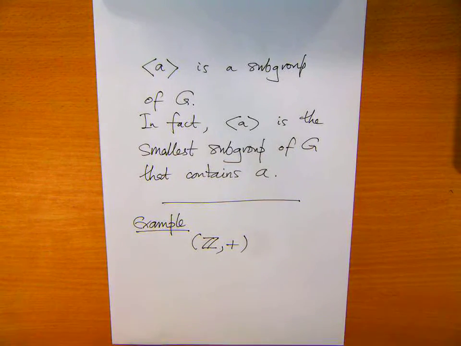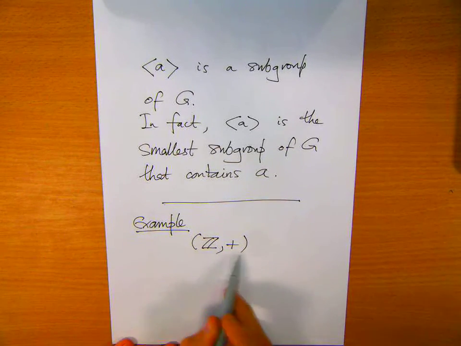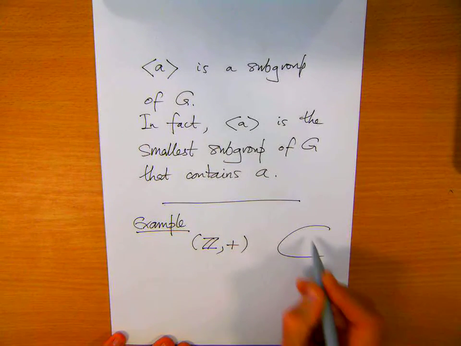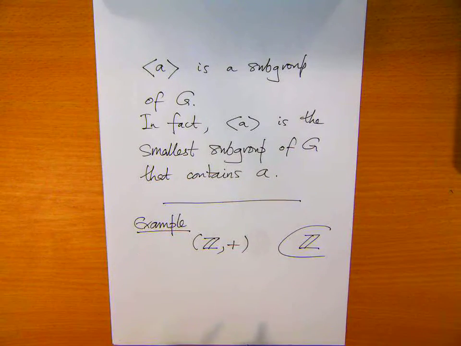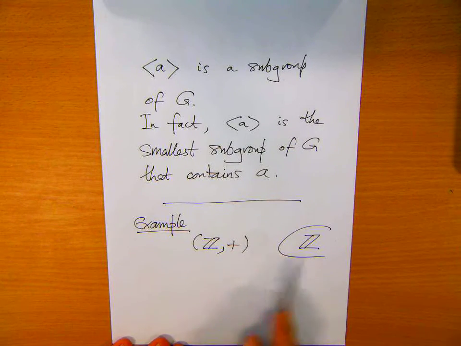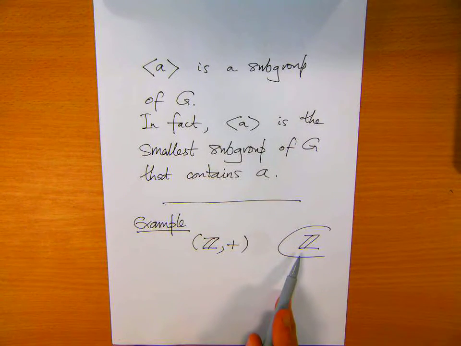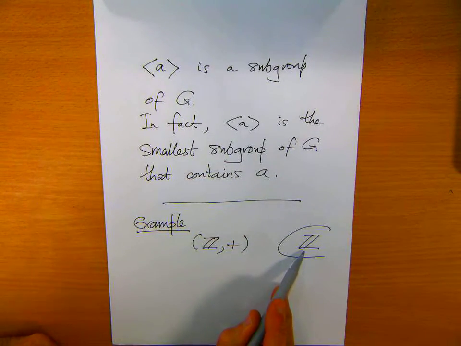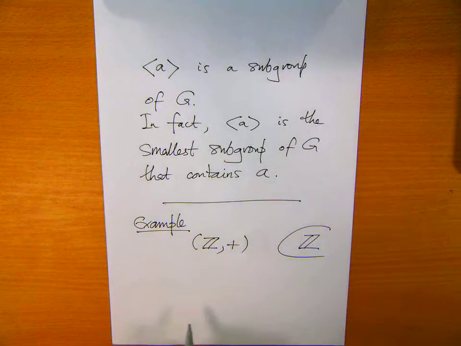Here I've written the binary structure in full with a set and a binary operation. Often we just write Z with the understanding that if we're doing group theory, Z is equipped with its addition. So this is a bit more precise than that, but saying the group Z, everybody knows if you're doing group theory that you mean the integers Z with the binary operation of addition.